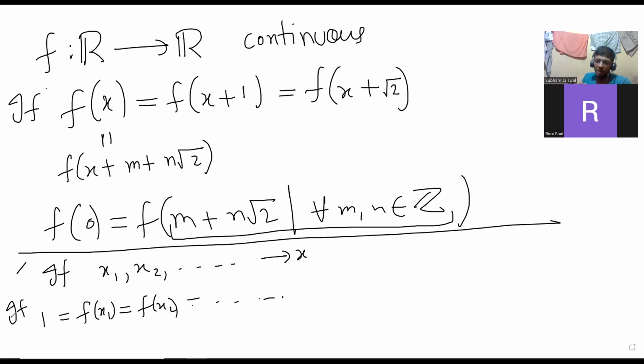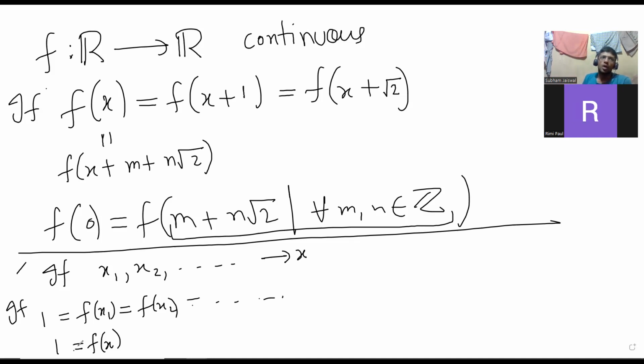If it is given in the question, then in that case we can say that f(x) is equal to 1. Absolutely, that's very simple. What I'm trying to say is that if you know the value of the function on the sequence, then you can determine it at x by taking the limit. That's the meaning of continuity.